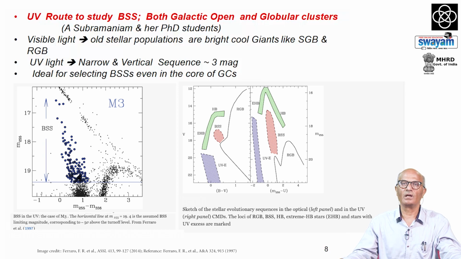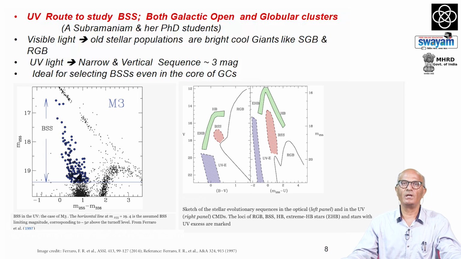And this diagram is again shown just for comparison. As you can see, if we plot the ultraviolet color on the x axis, then the blue straggler strip becomes 3 magnitudes on the y axis, compared to less than a magnitude, or about a magnitude, in optical.